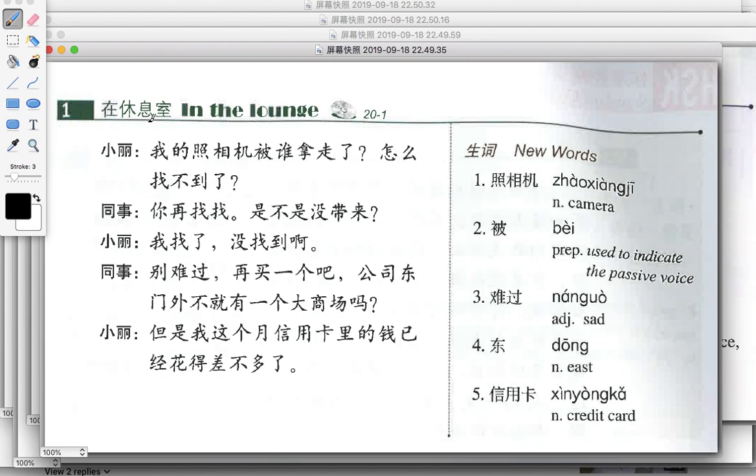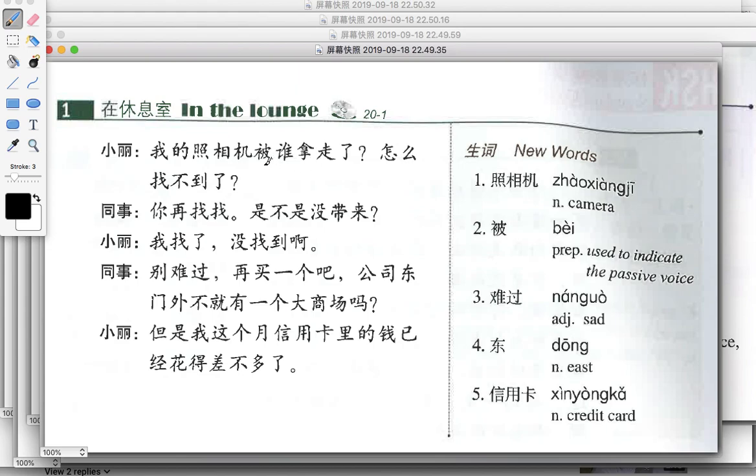Number one, we have 小丽 and 同事，他们在休息室, a rest room, not the restroom, but a room to rest, not the toilet. 他们在说话。小丽说：“我的照相机被谁拿走了？”被 plus a person and plus action.